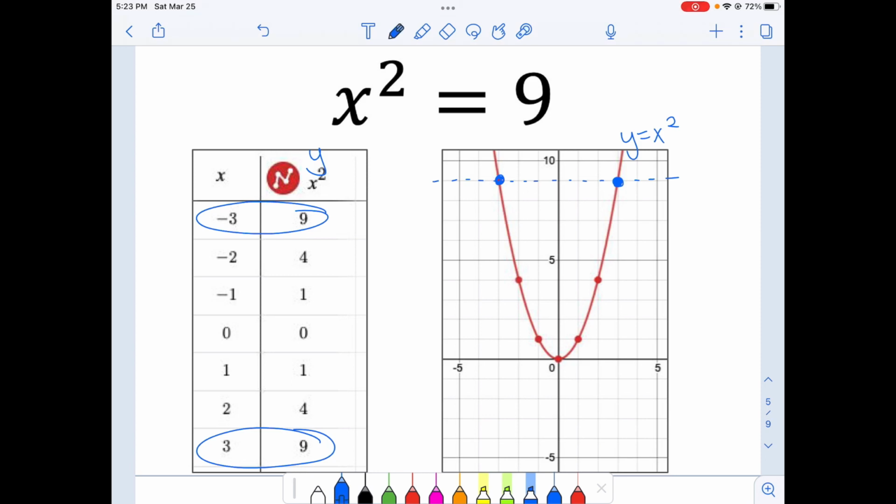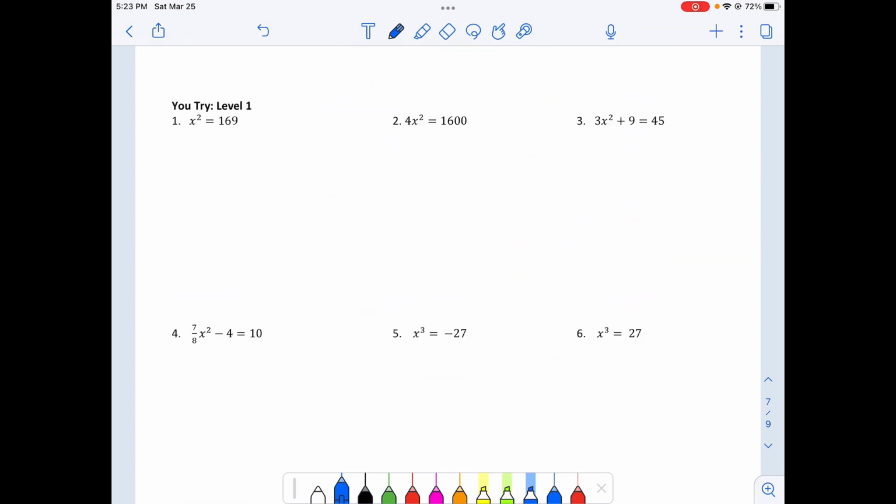That's not the case if we had something like x cubed. X cubed is more of an S shape. And when we go to solve, I'll come back to that. If we were solving, let's say we were solving x cubed equals negative 27, there's only one value that makes this true. The only value that makes this true is negative 3. Negative 3 times negative 3 times negative 3 is negative 27.